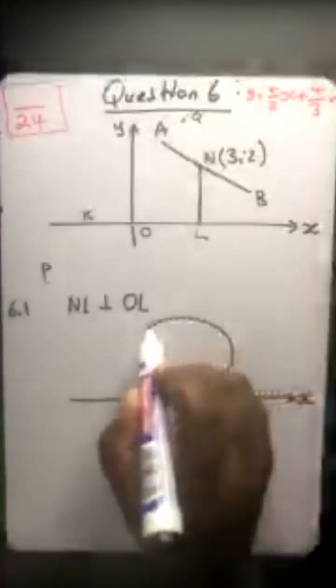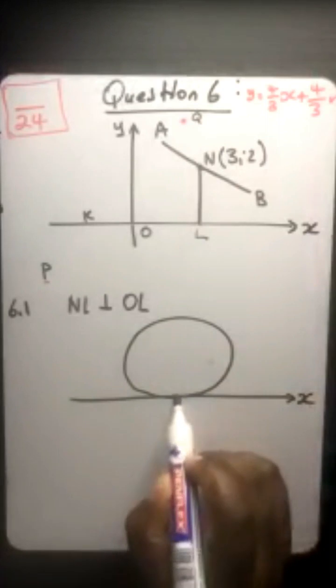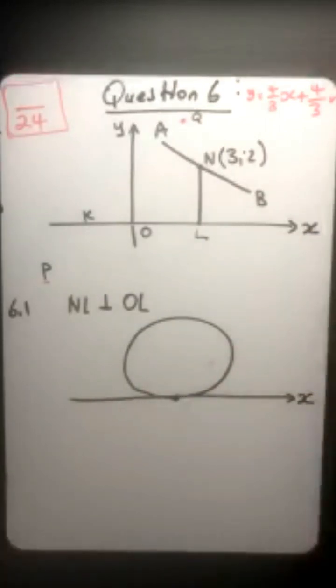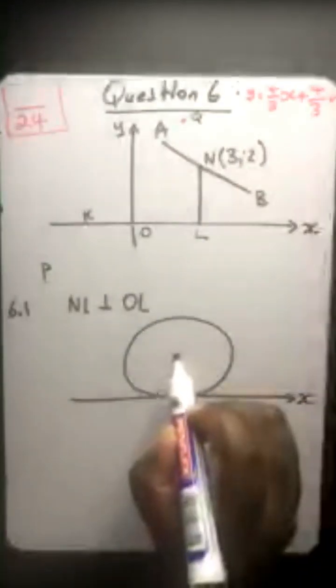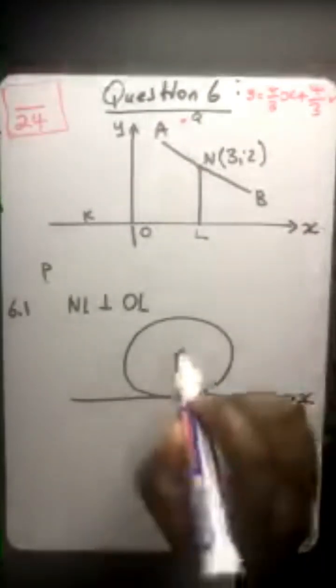And with you having a circle which is tangent to that point, and you still have a center having that NL.